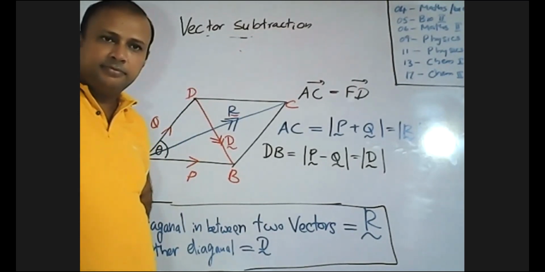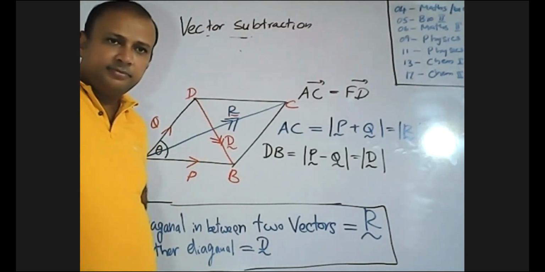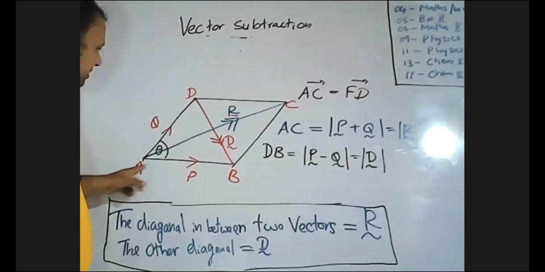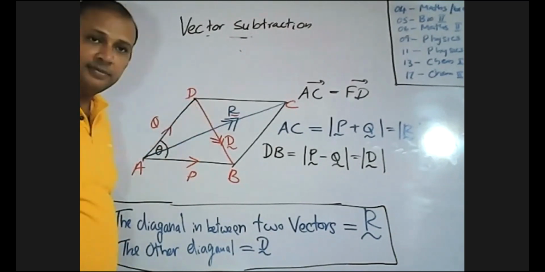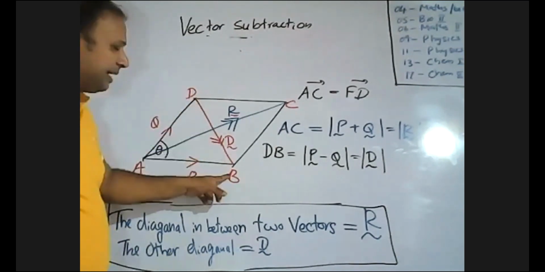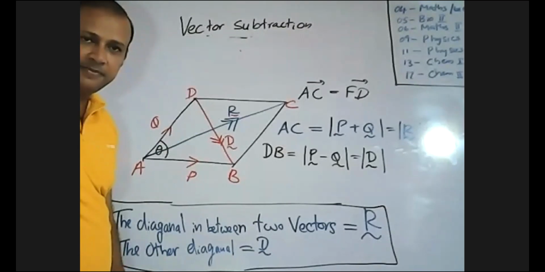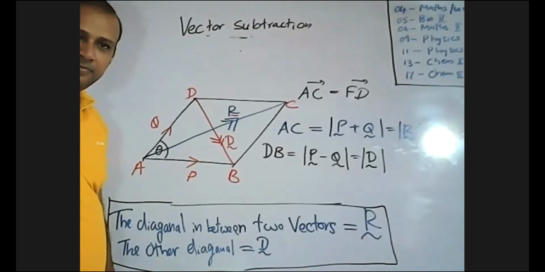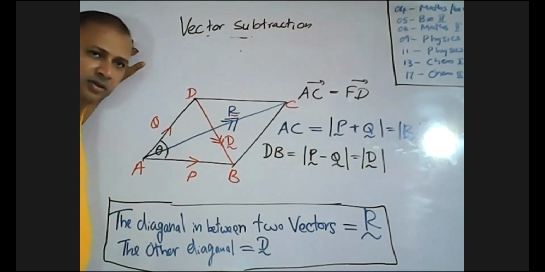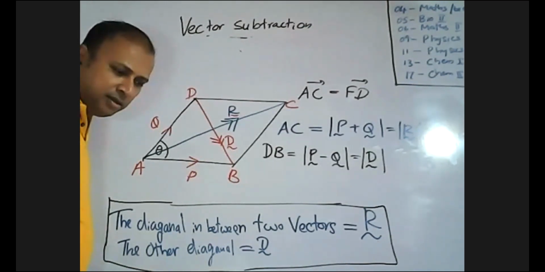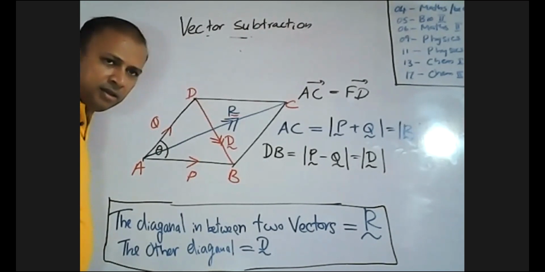So the diagonal is used to find the resultant vector, no? Diagonal means AC diagonal. Yes, that is for the resultant vector. But the BD diagonal is used to find the difference. So then what comes for the addition of P plus minus Q? Which diagonal is used for P plus minus Q?